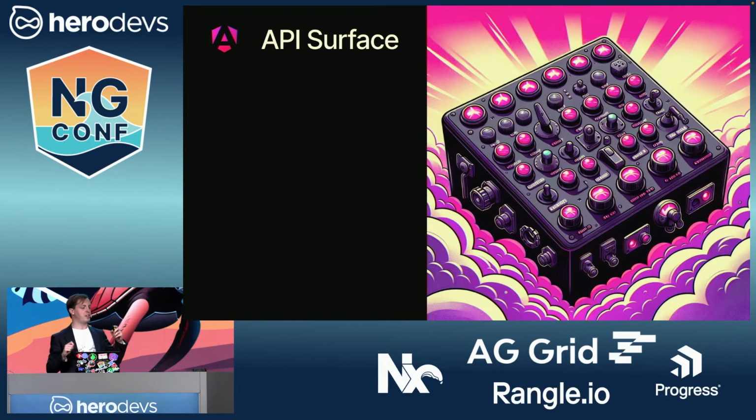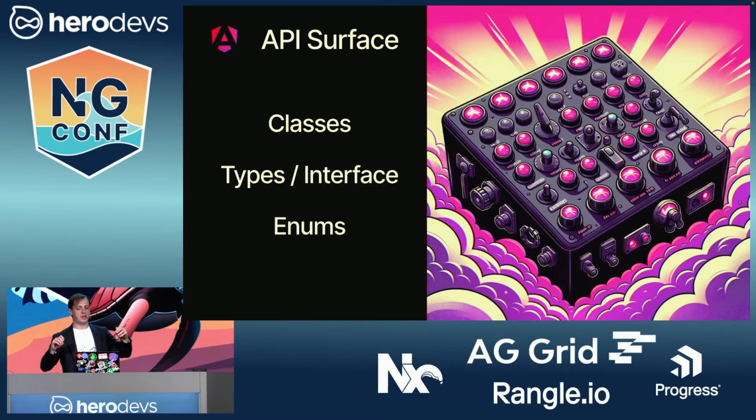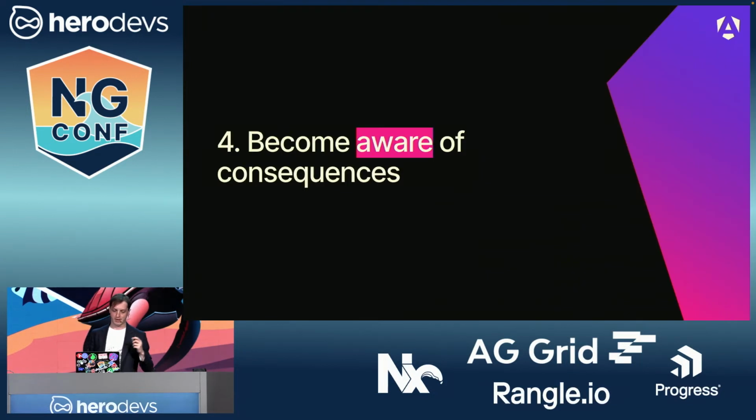So if there is some change, for example, on the classes, the types, the interfaces, enums, probably you're changing the surface and you're breaking something somewhere else. So you need to be aware, when you change something, is it breaking something for someone else? And if it is, probably provide some migration path. So my fourth point is be aware of the consequences of your changes.